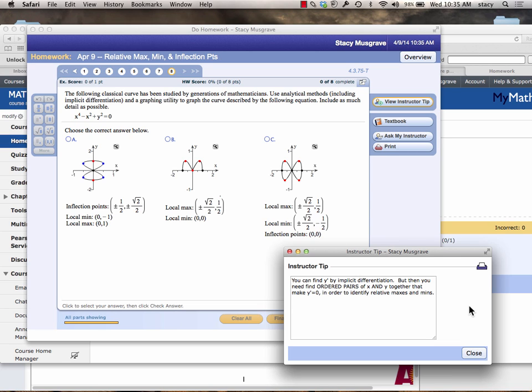Once you find the derivative, you can solve for x values that are critical values, where the first derivative is 0. That gives you potential x coordinates for maxes and mins, right? But this isn't a function, so in order to find the corresponding y values, you have to plug back into the original equation and solve for y values.